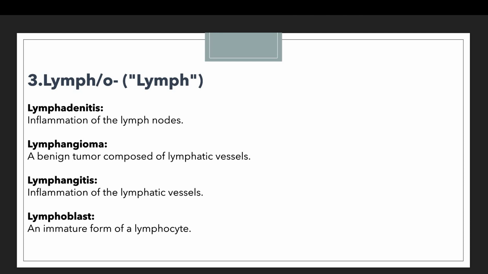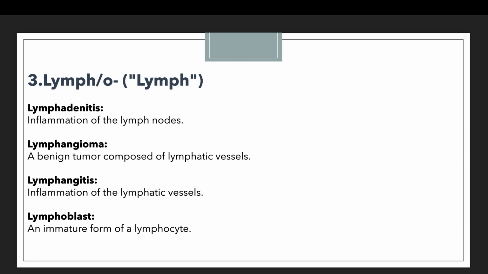So if, for some reason, the lymphatic vessels are inflamed, then we will denote that with the help of lymphangitis. Now, if we look at the fourth example, which is lymphoblast, an immature form of lymphocyte. So this immature form of lymphocyte is denoted with the help of lymphoblast.